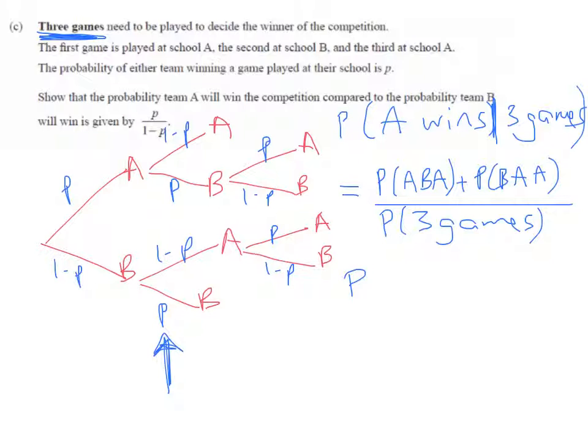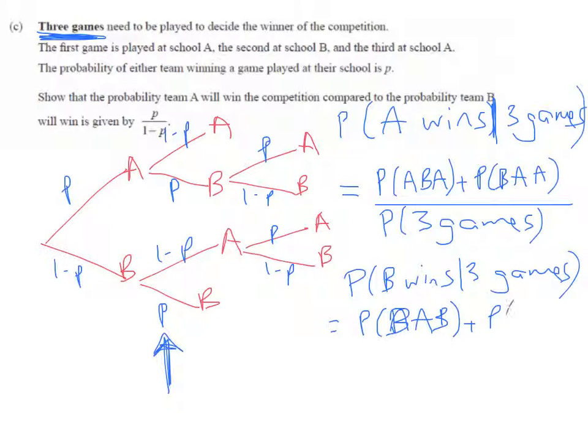And the probability that B wins, given that it takes 3 games, is equal to the probability of BAB plus the probability of ABB over the probability that it takes 3 games.